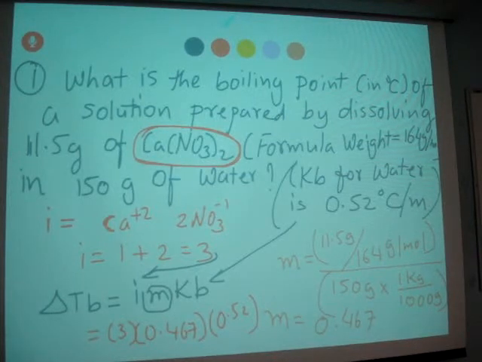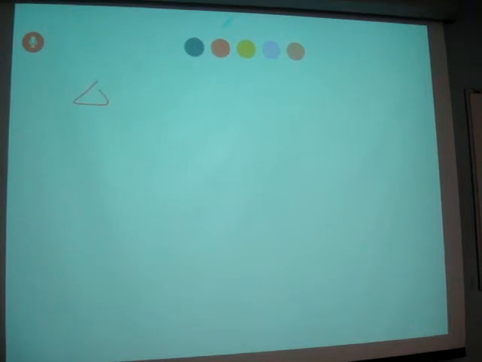When you calculate, what do you get for delta T B? 0.73. Alright, fantastic. So you got delta T B equals 0.73 degrees Celsius.